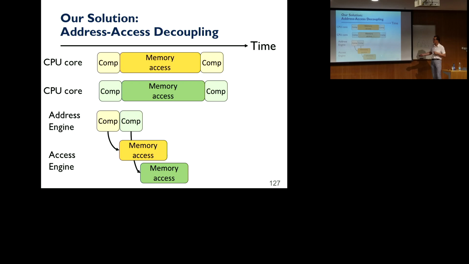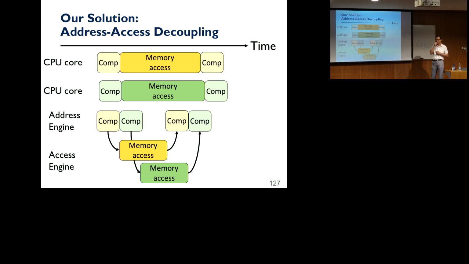And the access engine sends the memory accesses to memory. And the address engine keeps doing computation and sending requests to the access engine. That's the idea. This way you can start many pointer chasing operations or memory accesses in the access engine. And when it's done, you can continue pointer chasing, and you can overlap the latency of address computation and accesses.